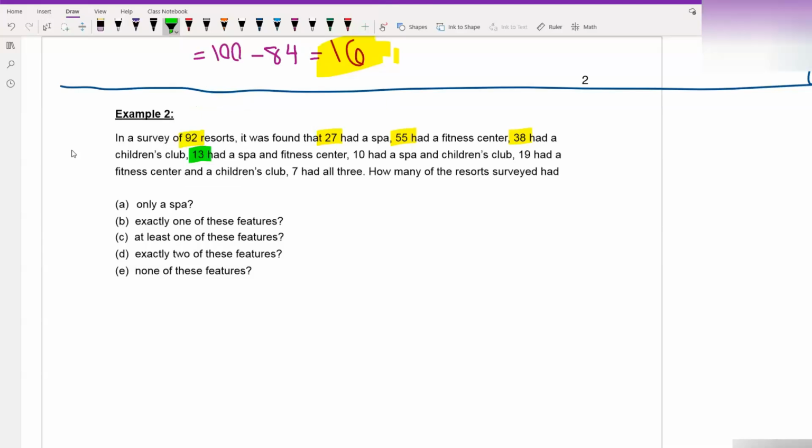And 13 had a spa and fitness center, so this is the intersection between spa and fitness center. The intersection between spa and children's club is 10, and here we have 19. And 7 is between all three. So based on what we have here, we have to answer A, B, C, D, E.